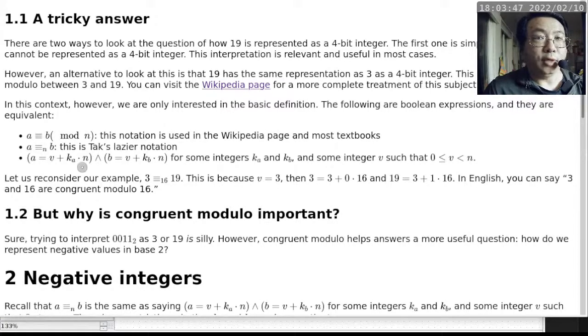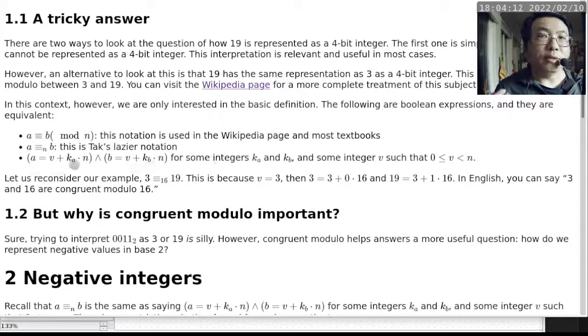This v and this v are the same, and obviously they have to be the same because we are talking about modulo n. The only part that can be different is ka versus kb. So ka and kb are coefficients. They specify the number of n's that we are adding to v in order to end up with a value of a.